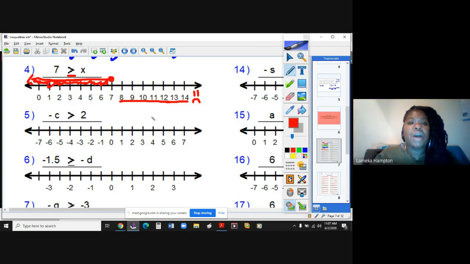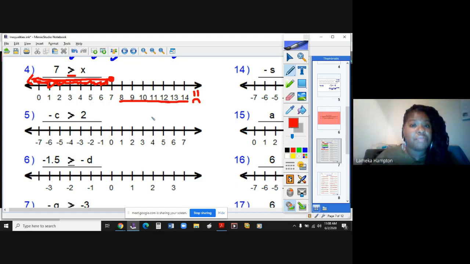This is actually no exception. Okay. And the reason why I say that is because we can never, ever, ever in life have a negative variable. Okay. So when we talked about solving one-step equations and two-step equations and things of the like, if you ended up with a negative variable, you can't have that.